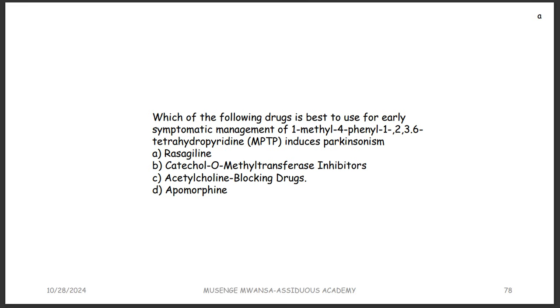Anyone? Any suggestion? This one we read it just direct, isn't it?